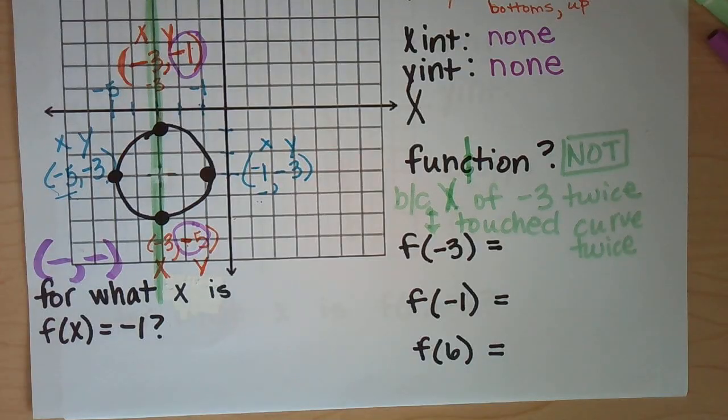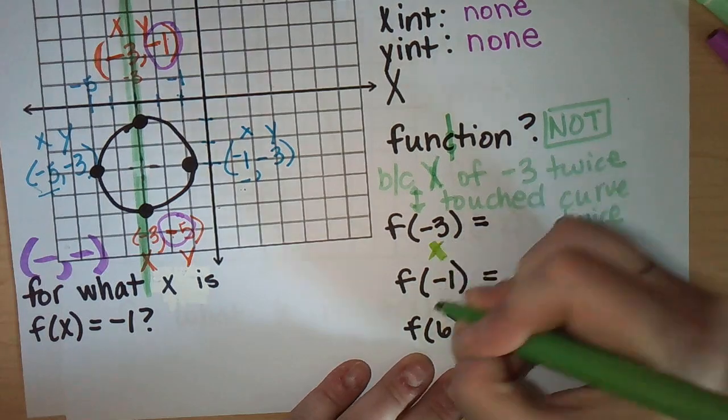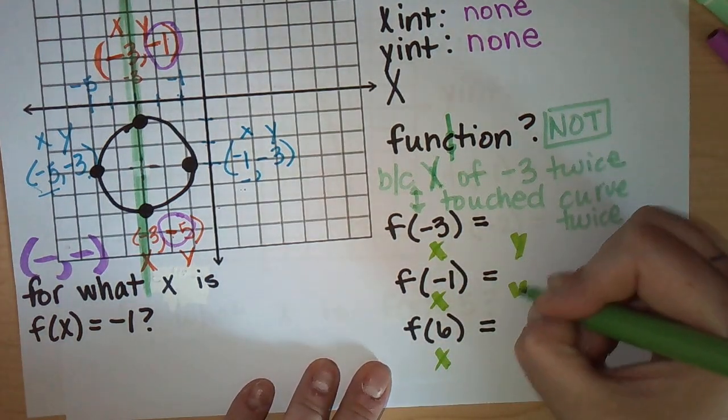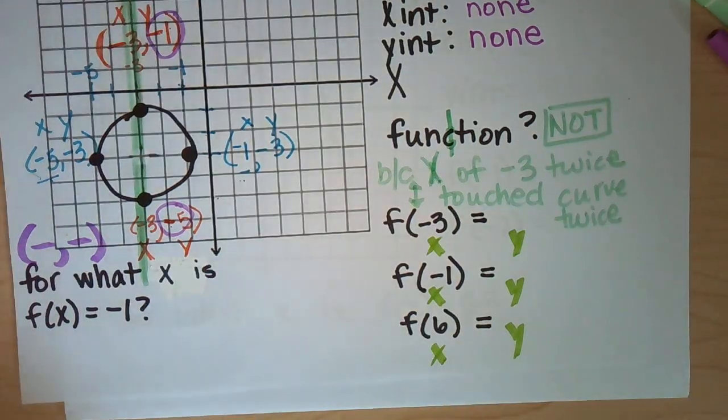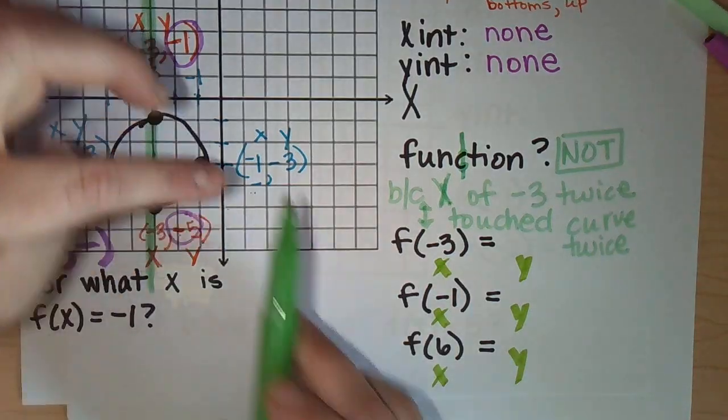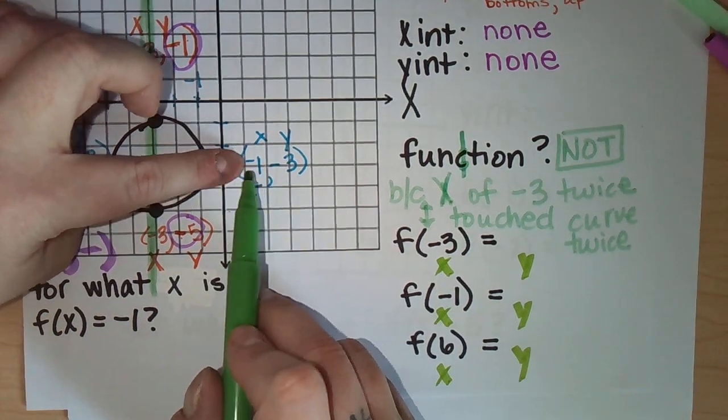Okay, now let's look at this parentheses hoopla. The stuff inside the parentheses is the x. And they want the y. Okay, well, let's see here. Let's find when the x value is -3. Here's an x value of -1.